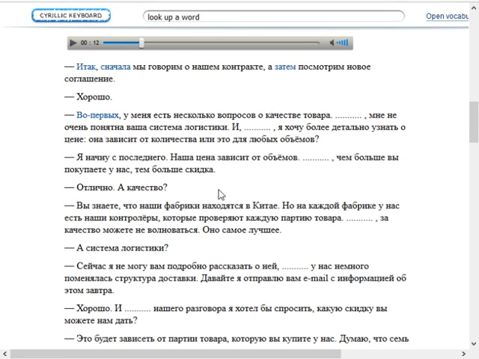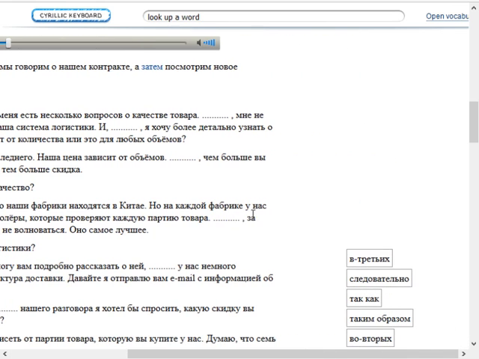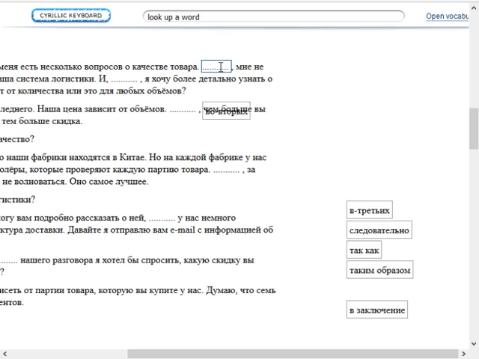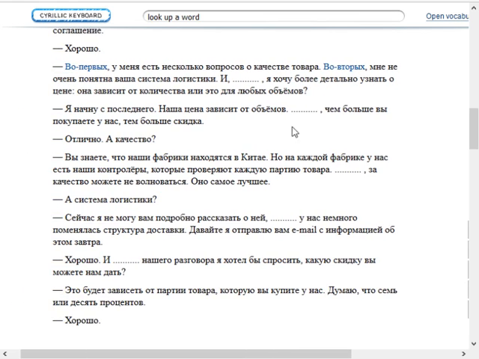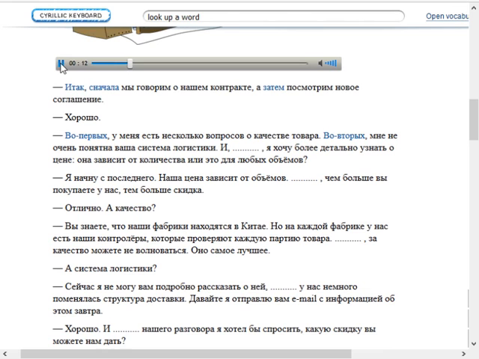Во-вторых, so во-вторых is not surprisingly secondly. So secondly, мне не очень понятна ваша система логистики. I don't very much understand your system of logistics.